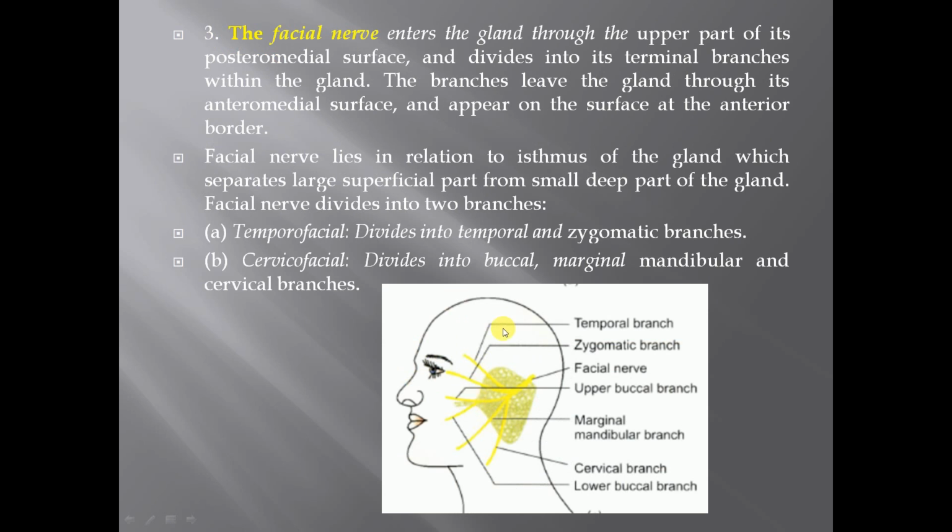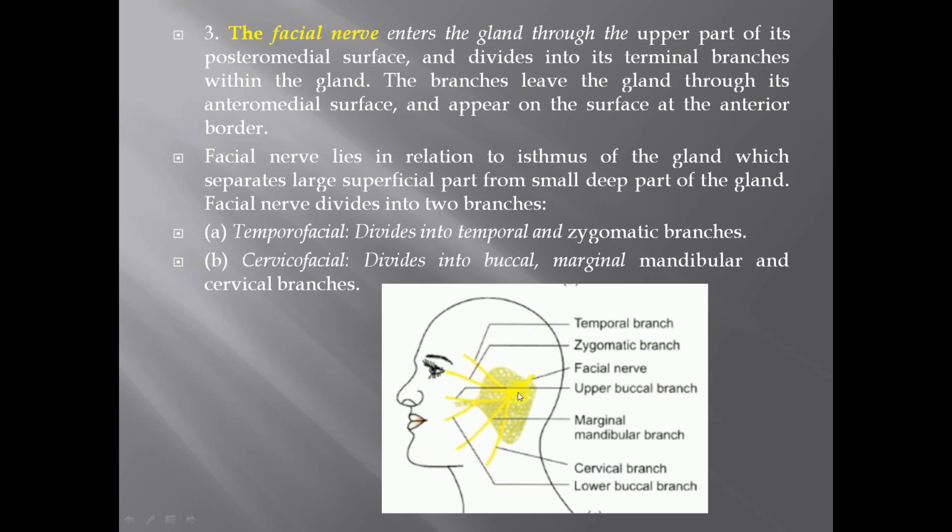So coming on to the facial nerve. The facial nerve enters the gland through the upper part of the posteromedial surface, and it divides into the terminal branches within the gland, and the branches leave the gland through the anteromedial surface. Here the posteromedial surface is the entering side.